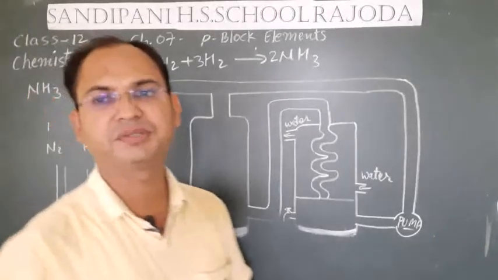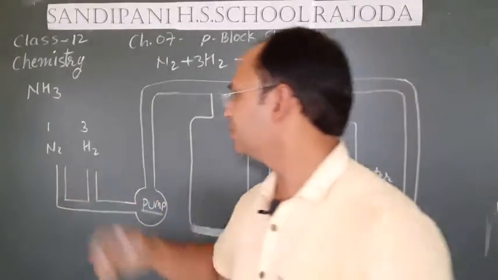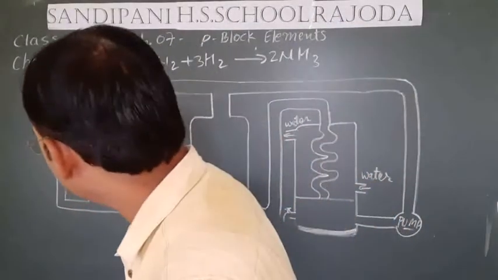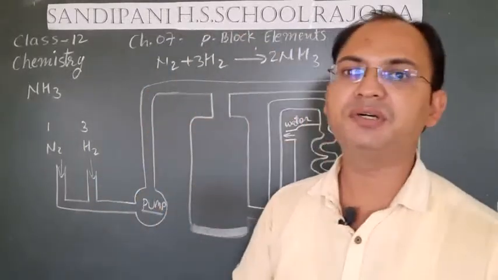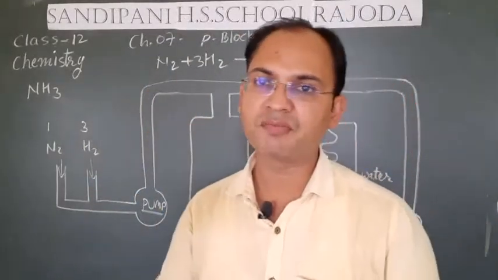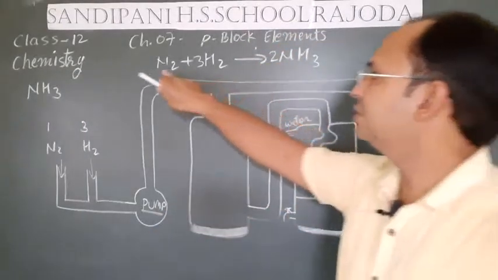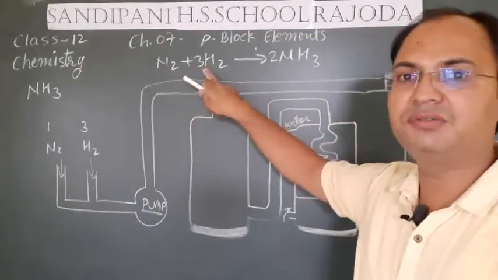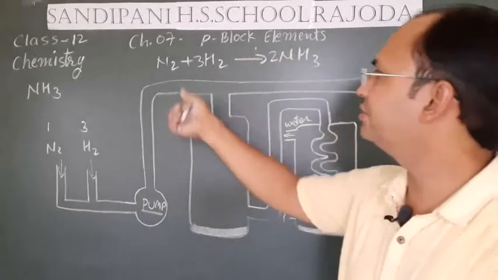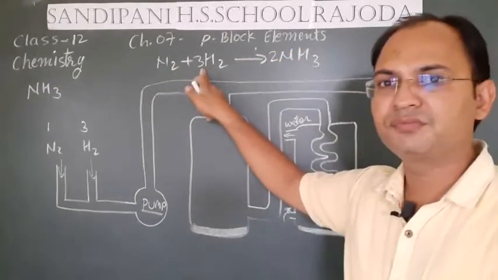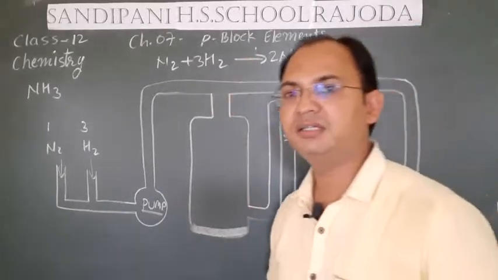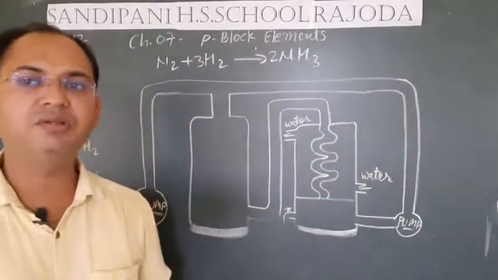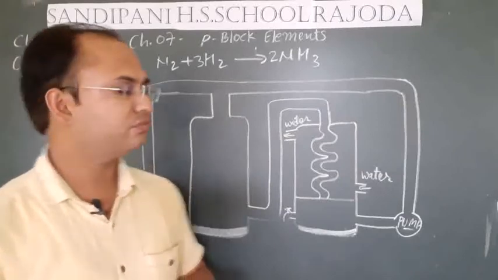Here in this setup, we have two pipes through which the inlet of nitrogen and hydrogen in the ratio 1:3 is done. 1:3 because when nitrogen combines with hydrogen to form the ammonia, their ratio is 1:3. So thrice the quantity of hydrogen is required in order to make the ammonia.